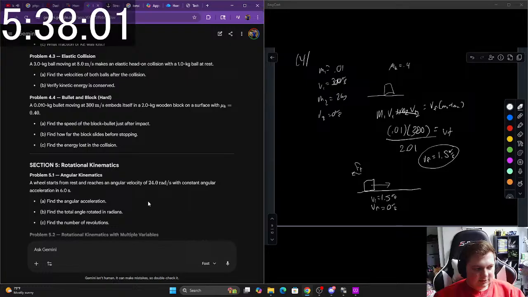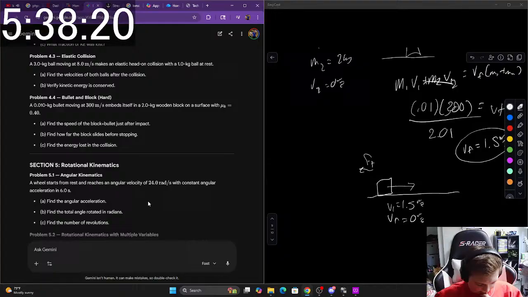The force of friction is going to be? So usually it's mu k N, and N is equal to mg. I think it might just be that, to be honest.